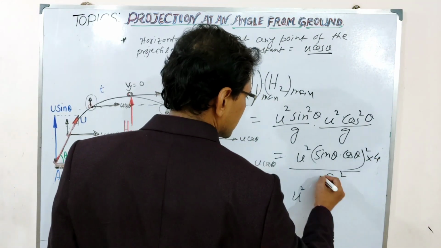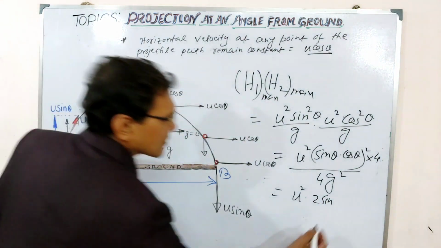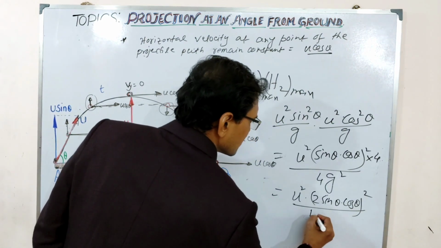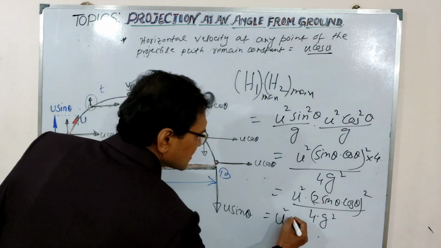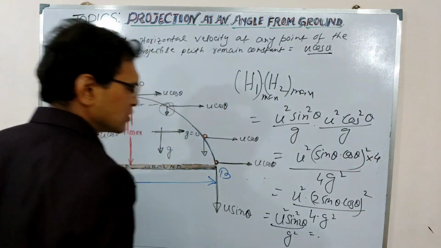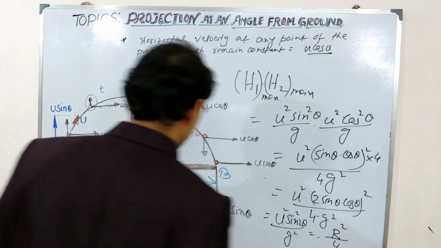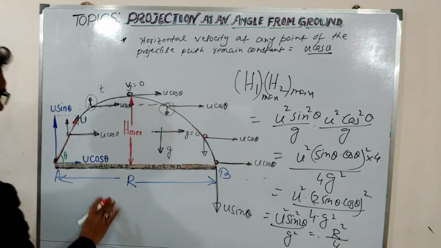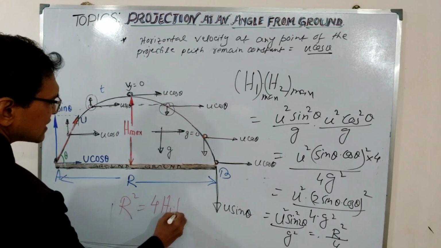Here 4 and this 4, so this equal to u to the power 4, 2 sin theta cos theta whole square by 4 into 4 g square, that is u square sin square 2 theta by g square divided by 4, which is equal to u sin 2 theta by g whole square by 4, that is range R square by 4. So we got a result R square equal to 4 into h1 h2.